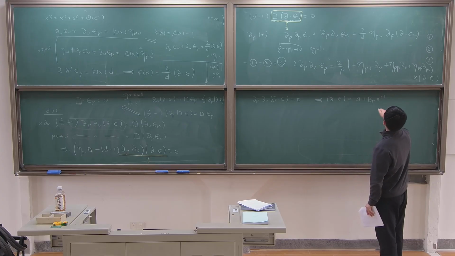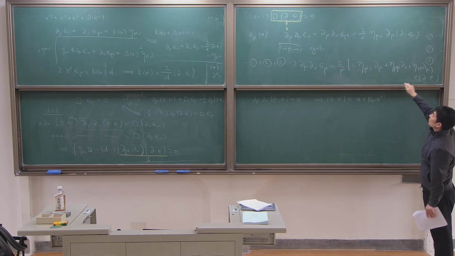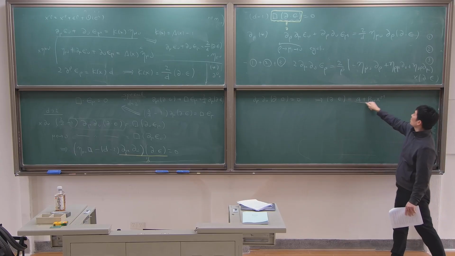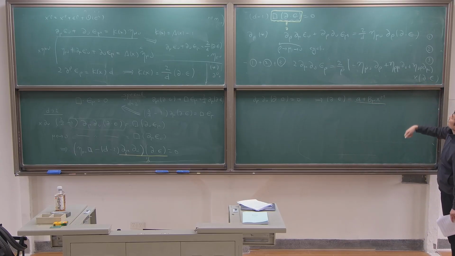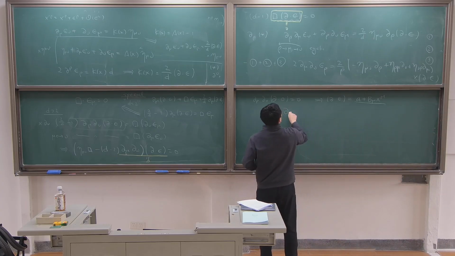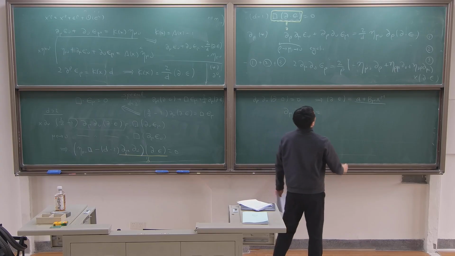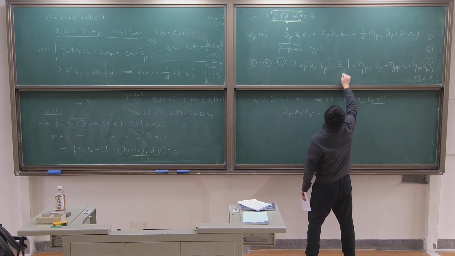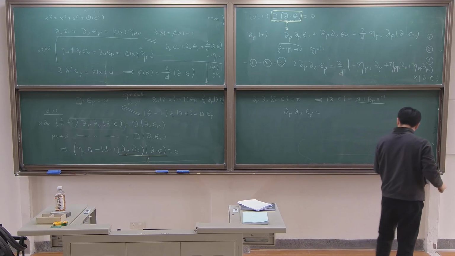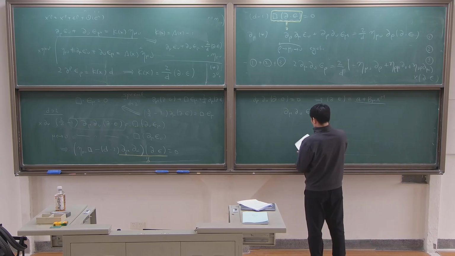And plug this one into here. If you plug this one into here, del dot epsilon is this one. So then plug this one into here. So then what you get is that del_mu epsilon_rho is something like, sorry, this is 2 over d, 2 over d, something like a constant.